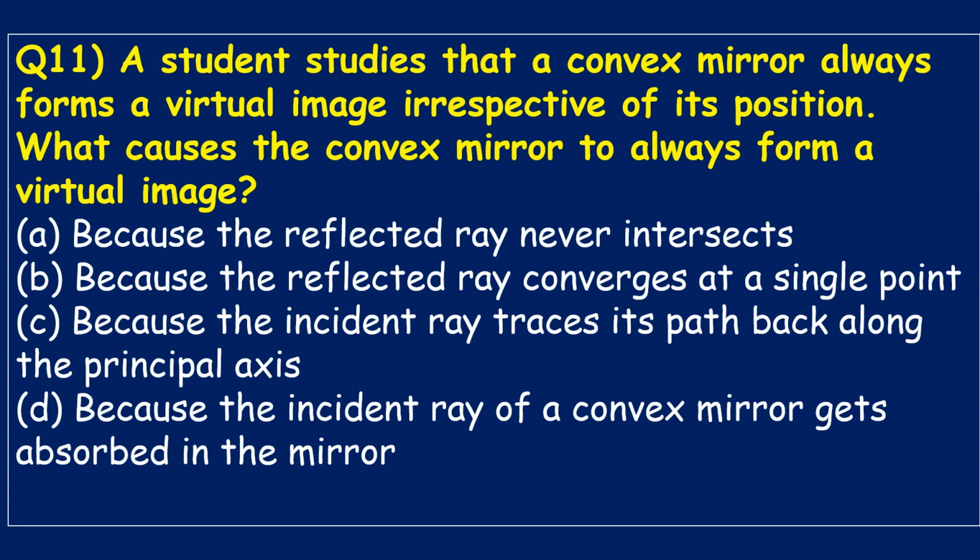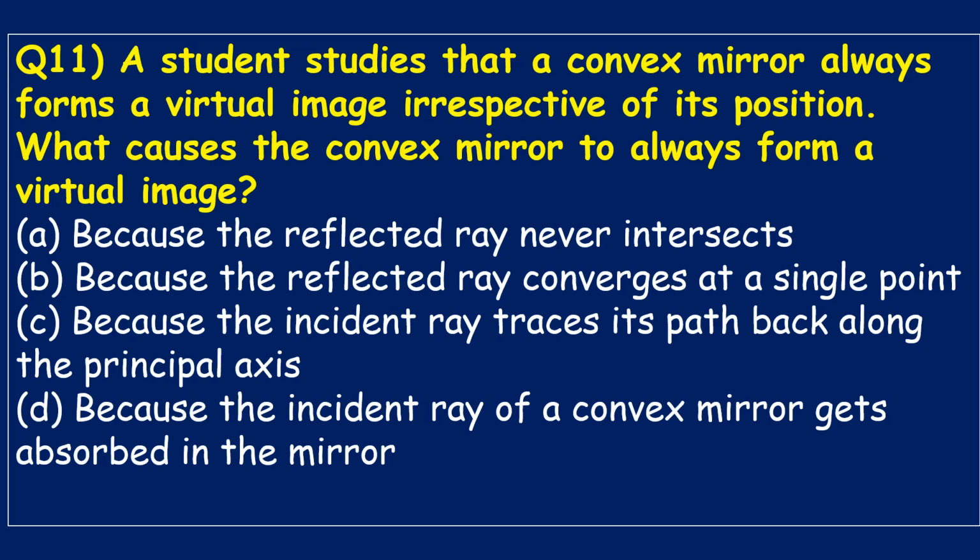A student studies that a convex mirror always forms a virtual image irrespective of its position. What causes the convex mirror to always form a virtual image? Wherever you keep the object, a convex mirror forms a virtual image only, but a concave mirror forms a real as well as a virtual image, depending on the distance of the object.